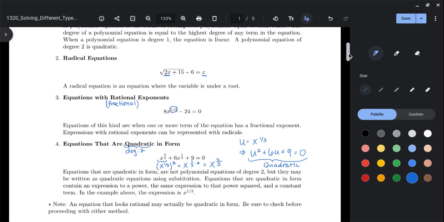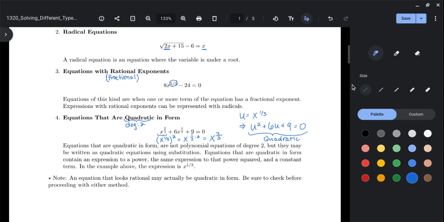Or you could have an equation that looks like it's rational in form, but it could actually be an equation that is quadratic in form. So some of these techniques are going to be interchangeable depending on how you choose to rewrite or keep your equation how it's given. So that is one thing to keep in mind.